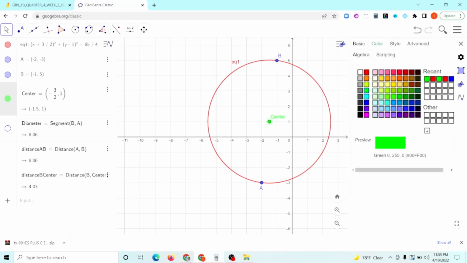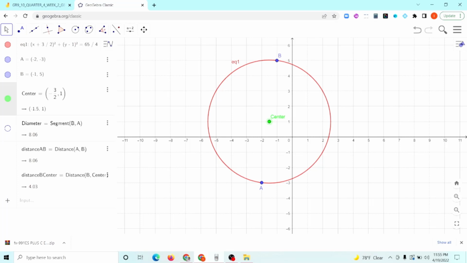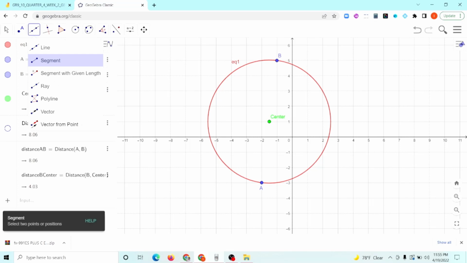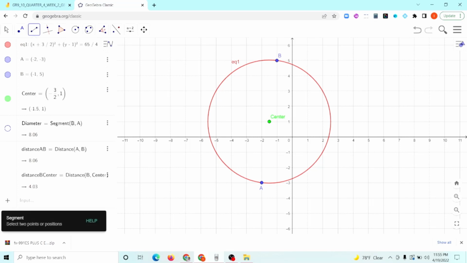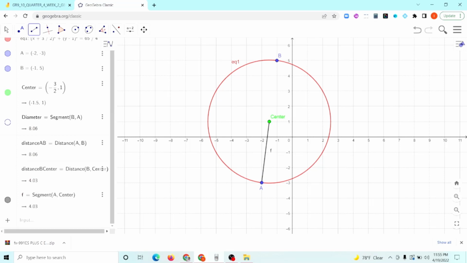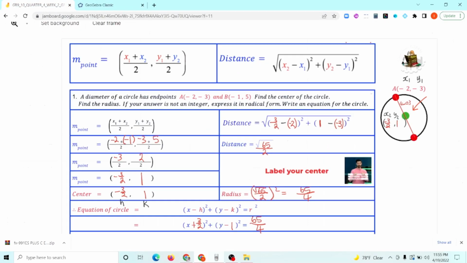Now, from A to the center, which is that line right there, if I measure this, I should get an answer of 4.03.